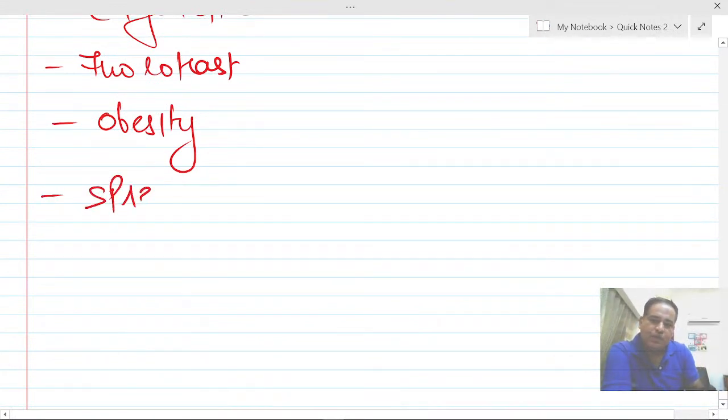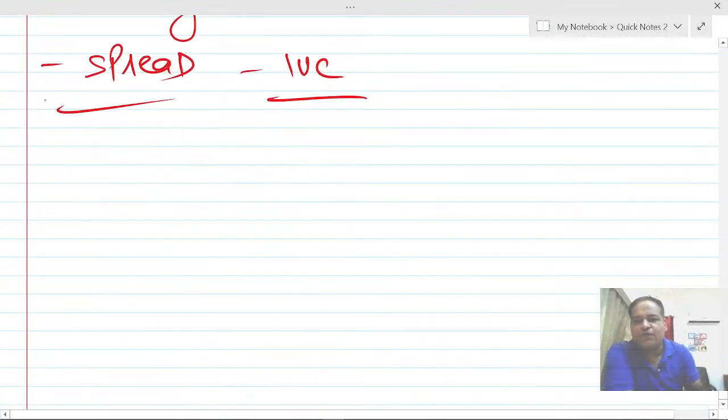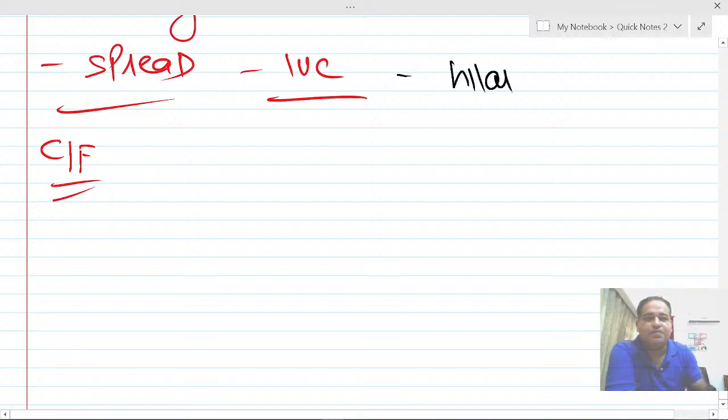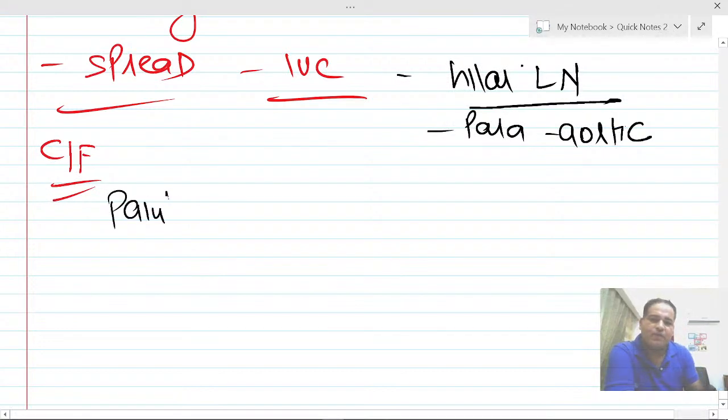Now, I told you the tumor may spread through the inferior vena cava. That means it prefers to spread by blood. It may also spread to the hilar lymph nodes, and also the lymph nodes around the aorta, the aortic lymph nodes. The most common clinical feature is painless hematuria.